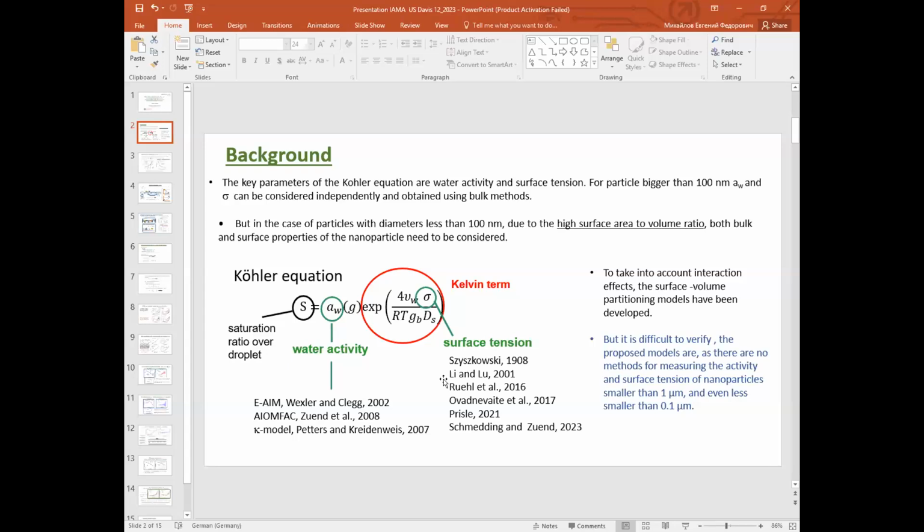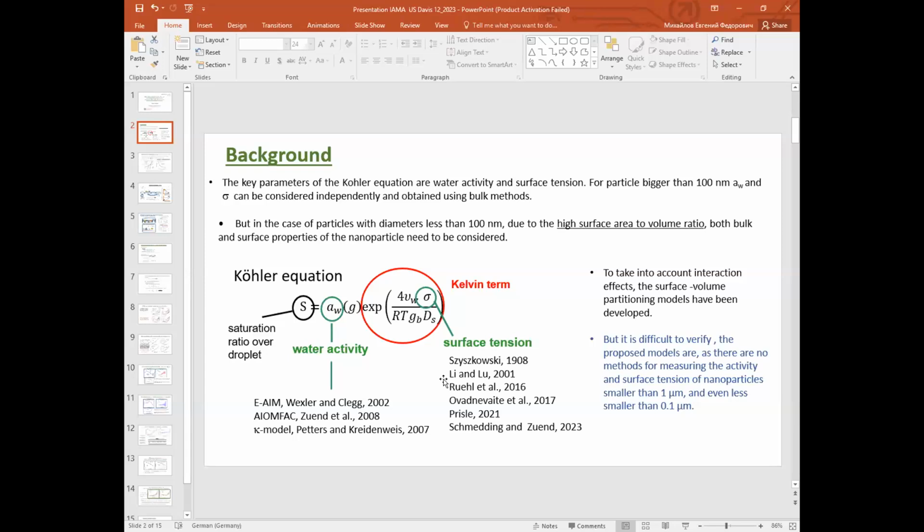This Köhler equation shows that if you know water activity and Kelvin term, you can completely describe hygroscopicity of aerosol particles. In this case, when the particles are quite big, for example, bigger than 100 nanometers, you can forget about the Kelvin term and use only the water activity term, and use it to explain all hygroscopic properties of aerosol particles.